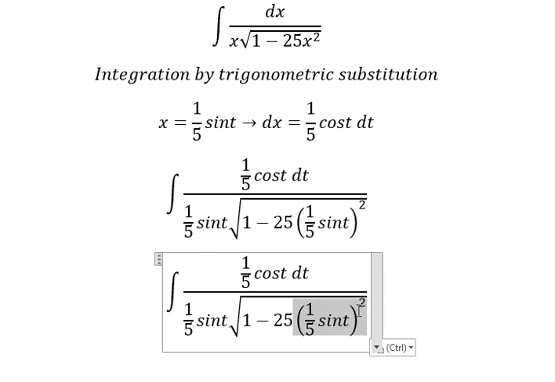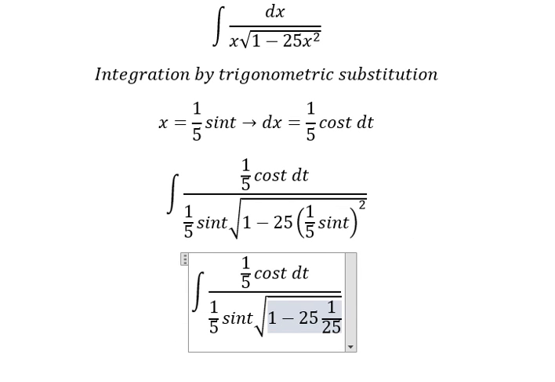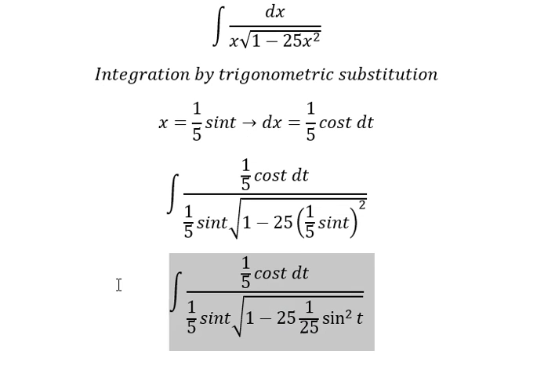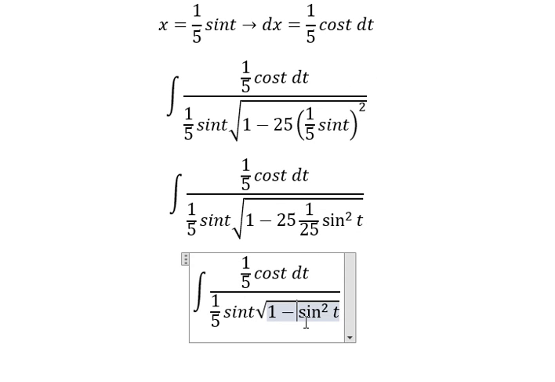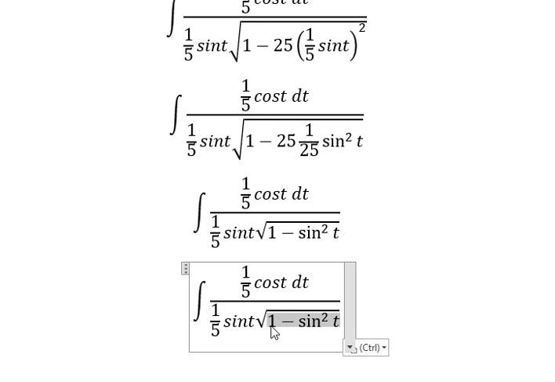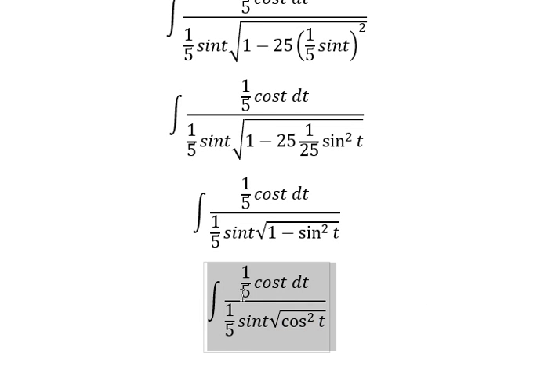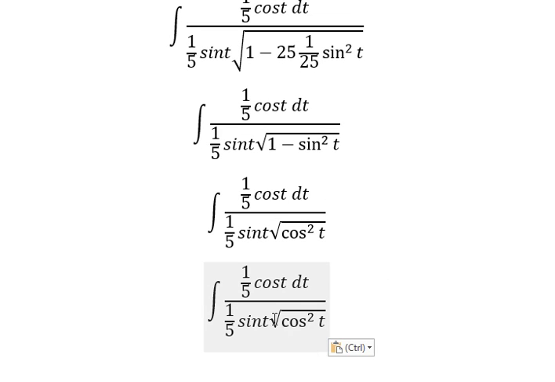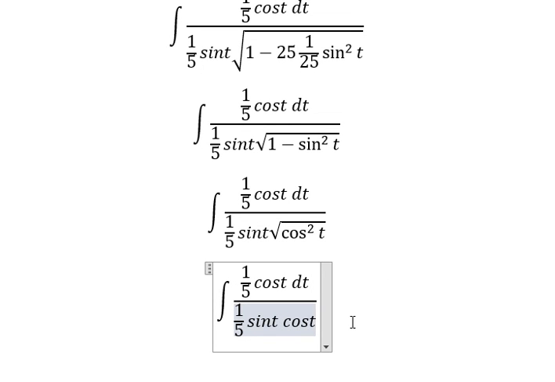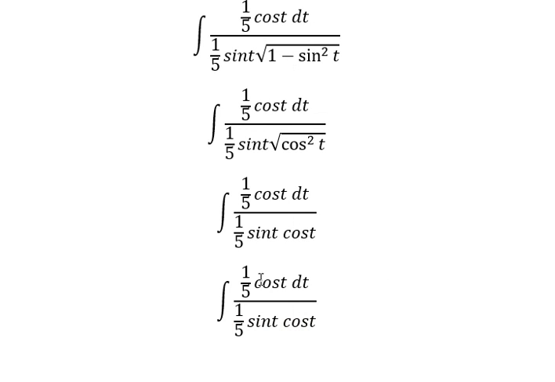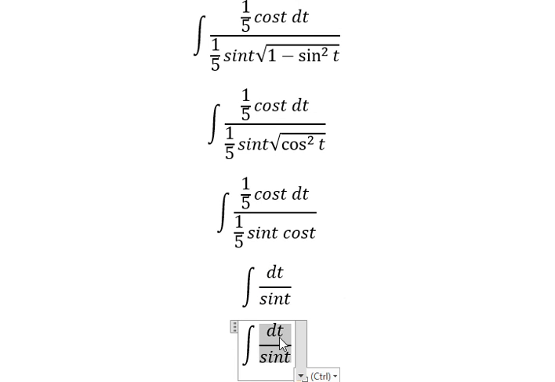This one you get 1 over 25 sine t squared. So this one you get number 1. 1 minus sine t squared we change by cosine t squared. The square root of this one you get cosine t. Now we simplify 1 over 5 cosine t. The integration of this one we can change into cosecant of t dt.